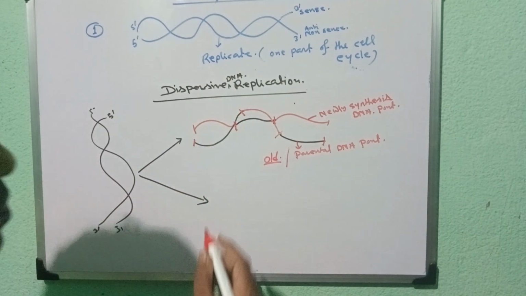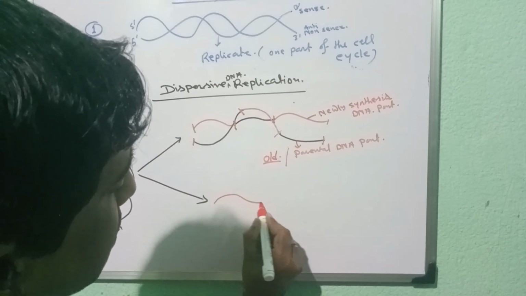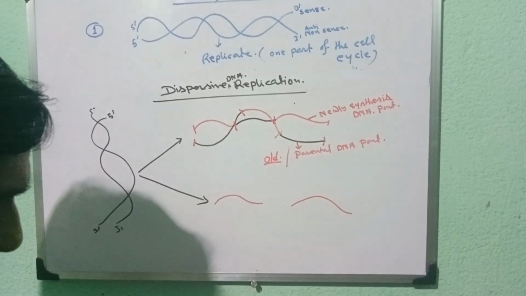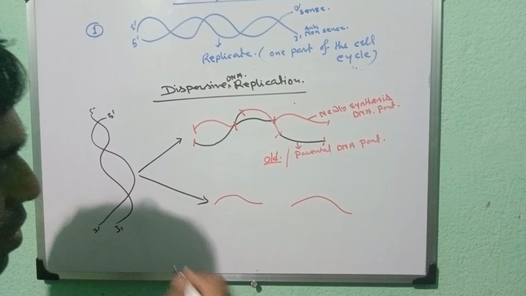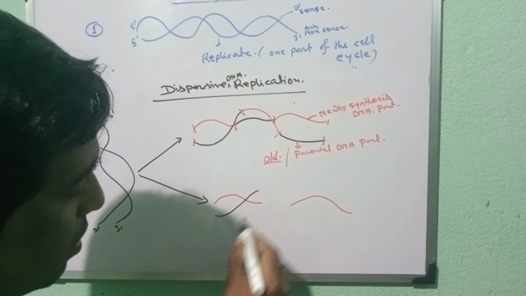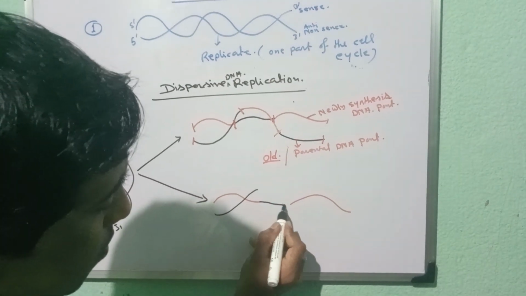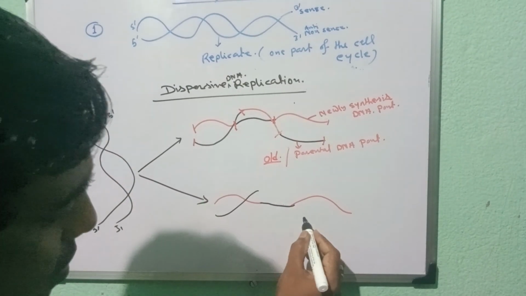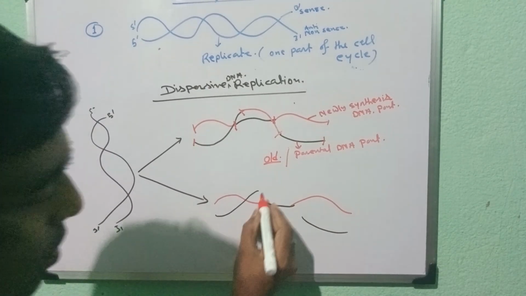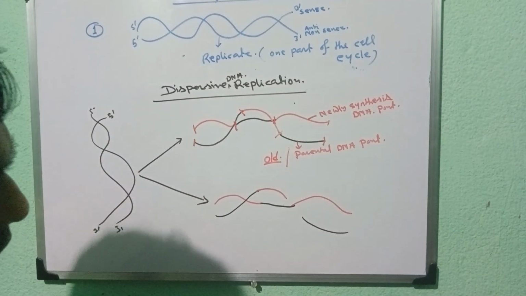And here also there are two strands. They also replicate. They are red, and here also the red, and this is the black, and this is black, this is the black, so this is the red, and this is the black.